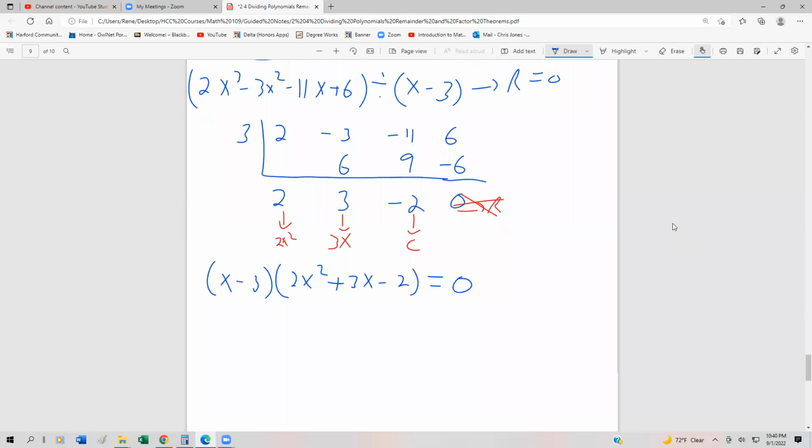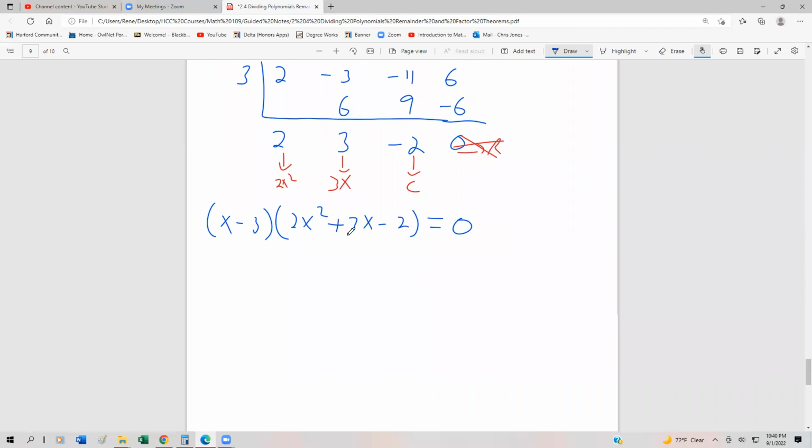Okay. Now, another thing that we notice is that now we have a quadratic. At this point, we might be able to use the quadratic formula, or if even possible, we can factor the remaining trinomial. And that's exactly what we're going to do, right? So we have an x minus 3, that drops down.